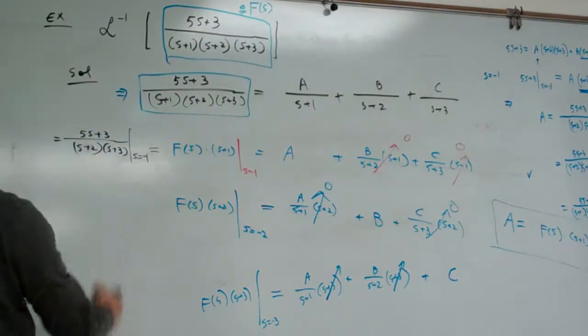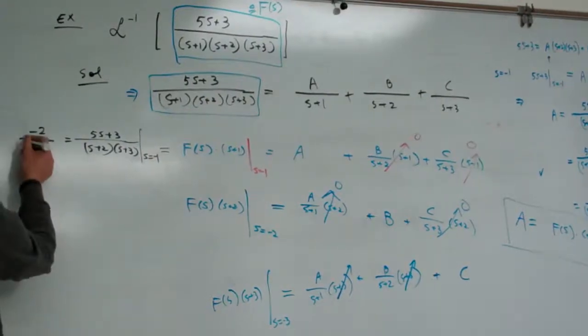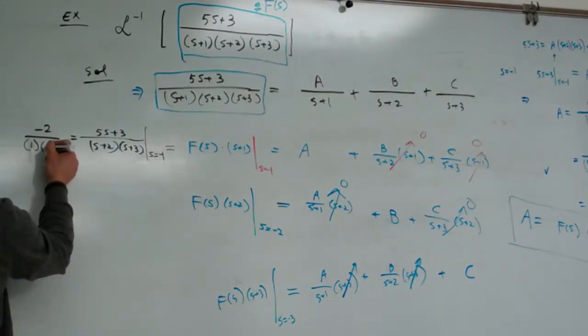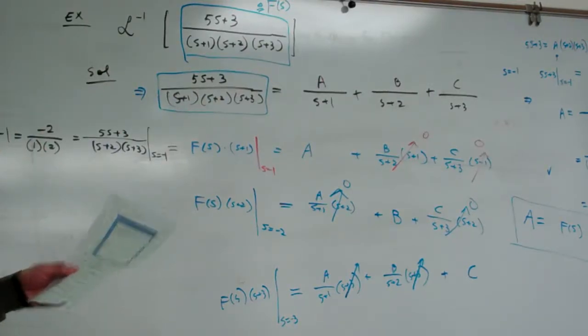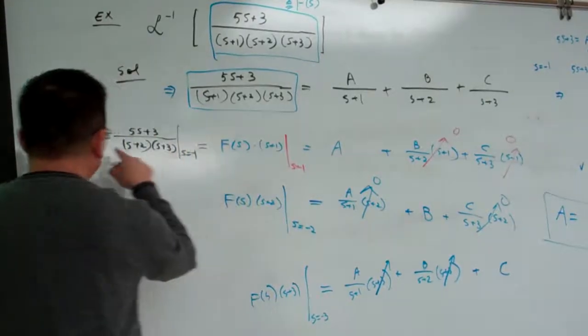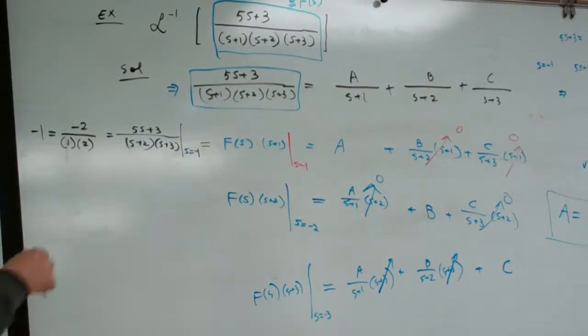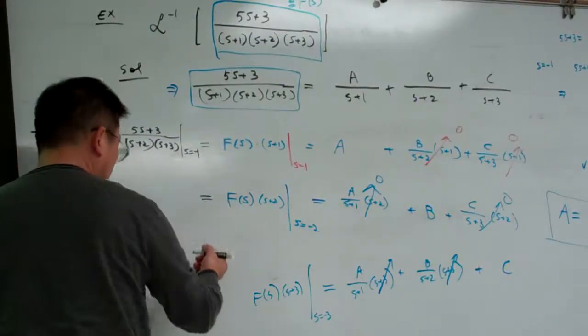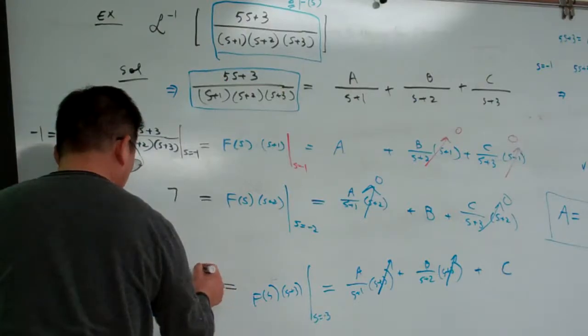We simply plug in s equal to minus 1 into the term here, so that becomes minus 2 over 1 times 2, so that becomes minus 1. So A is minus 1. Therefore the implementation is just something like this one. You can repeat the calculation, then you should be able to find B very quickly: 7, and this one is minus 6.